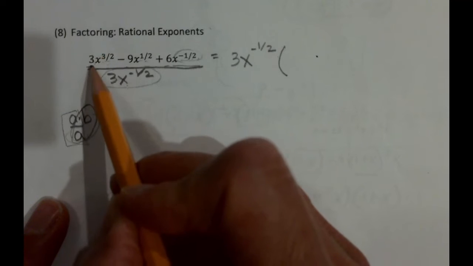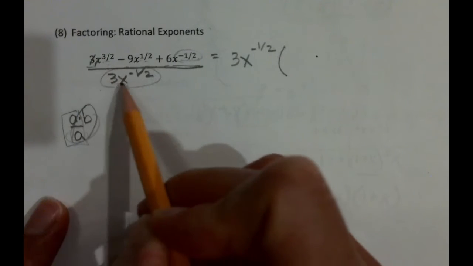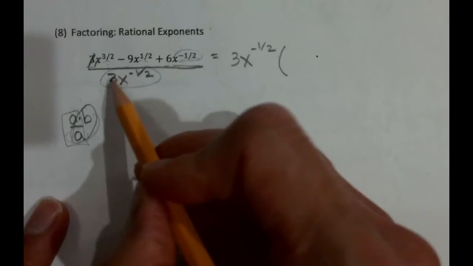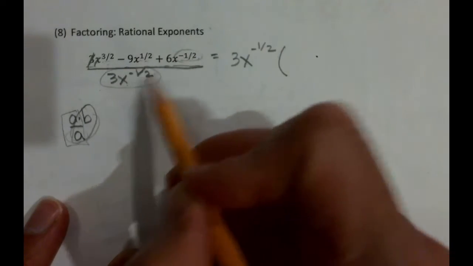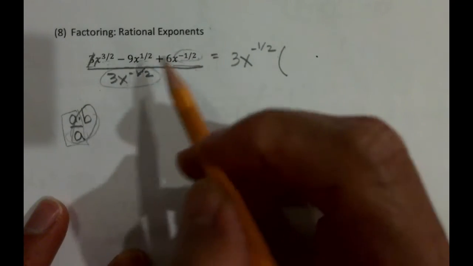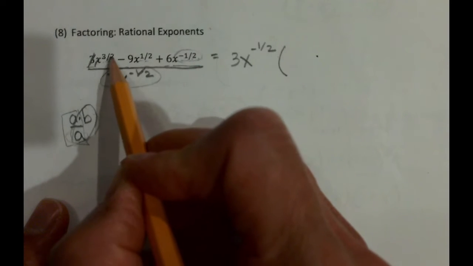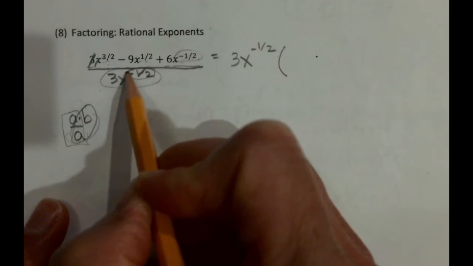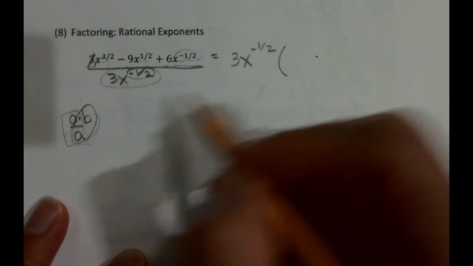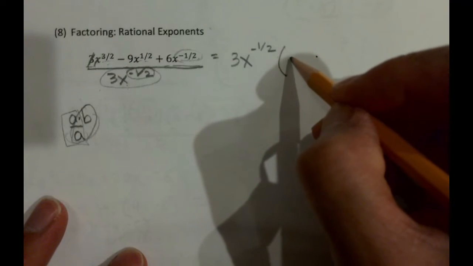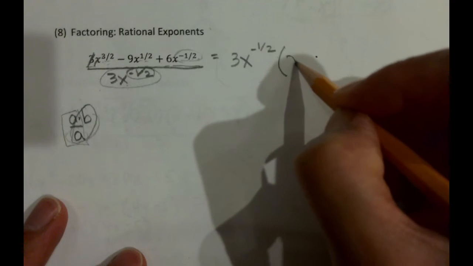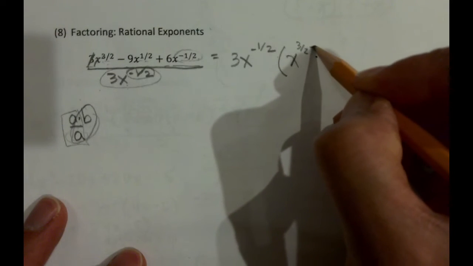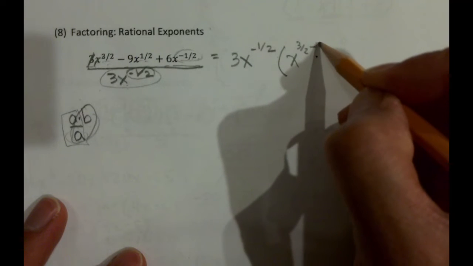So in this case, the 3 cancels out. I'm going to leave this because I'm going to use this for all the others. You can rewrite, but I'm going to reuse. And then x to the 3/2 minus, since it's in the bottom, minus negative 1/2. So I will have x to the 3/2 minus negative 1/2.